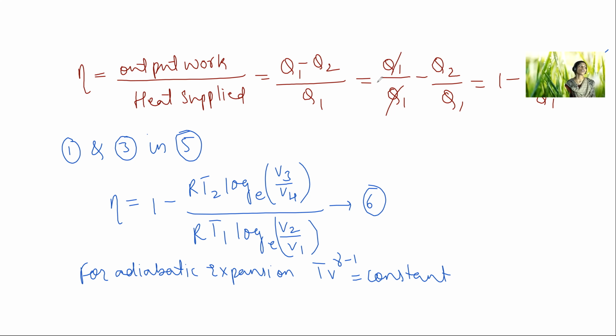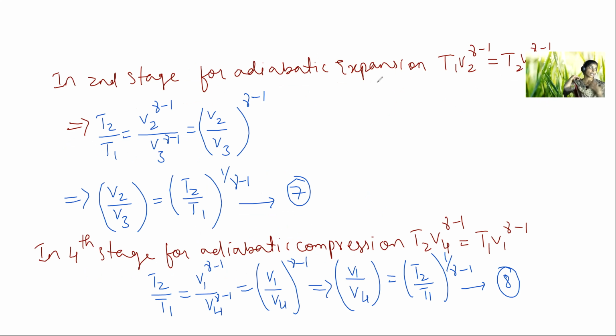For adiabatic expansion, T V raised to gamma minus 1 is equal to constant, which we already know. So in the second stage adiabatic expansion, T1 V2 raised to gamma minus 1 is equal to T2 V3 raised to gamma minus 1. On substitution and simplification, V2 by V3 is equal to T2 by T1 raised to 1 divided by gamma minus 1, which is equation 7.